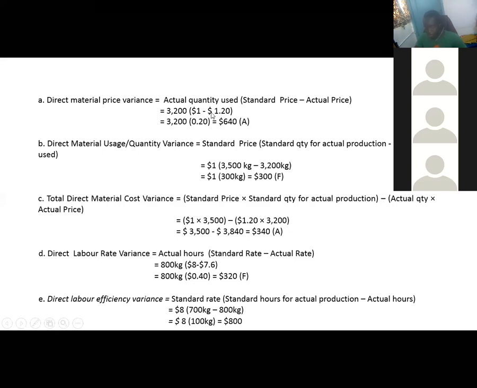When you do this basic math, will you get a negative figure or a positive figure? I want someone from the class to tell me. You all have your calculators with you, so do it. 1 minus 1.20, what will be the answer? Will it be a negative figure or a positive figure? Negative, sir. All right, it will be negative.